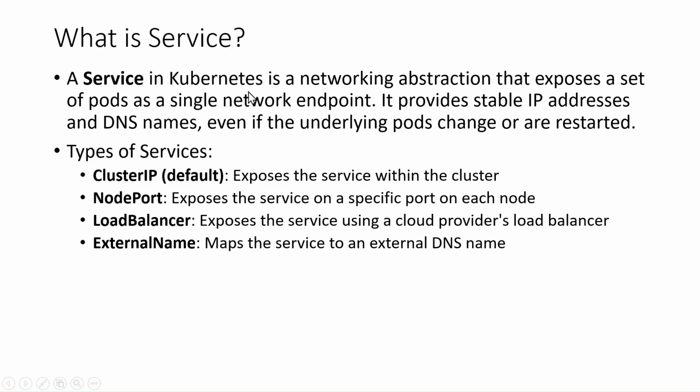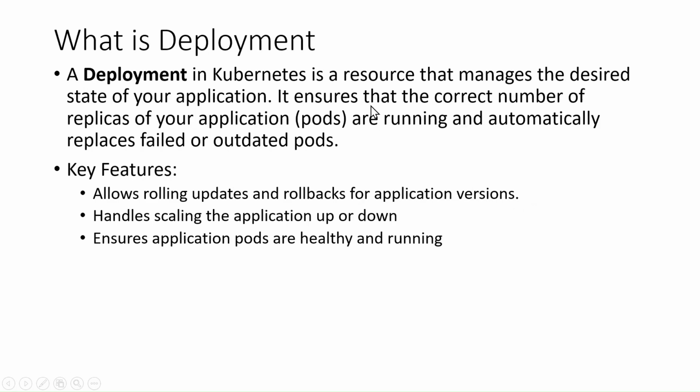The service in Kubernetes is a networking abstraction that exposes a set of pods as a single network endpoint. So here we have created three containers, right? Assume the replicas I am talking about right now. Replicas means how many copies of the same application should be deployed?